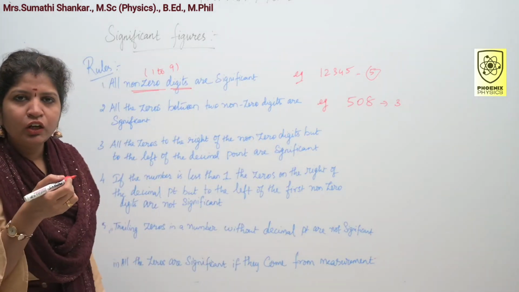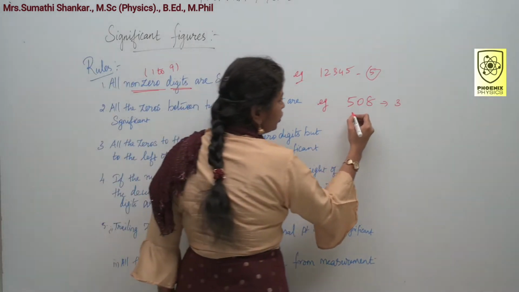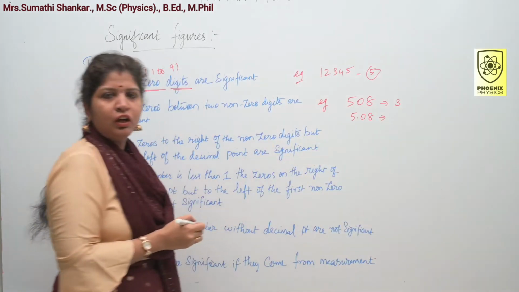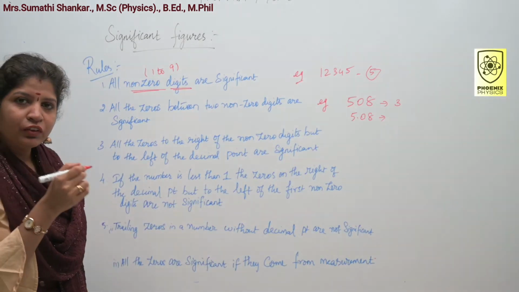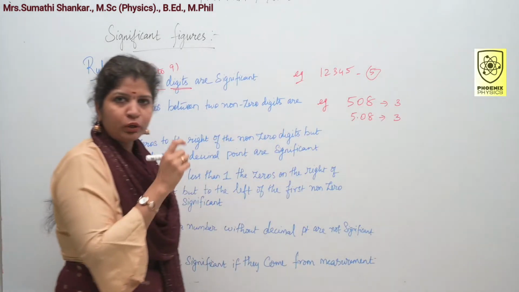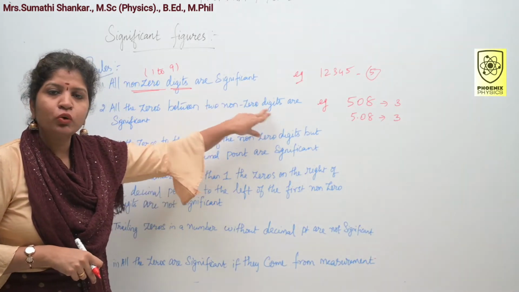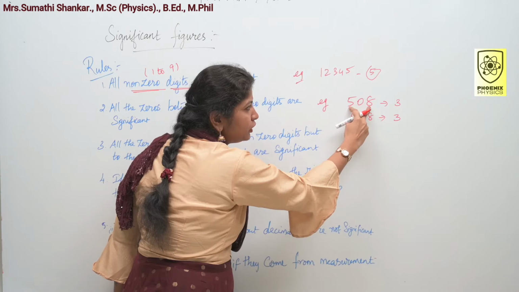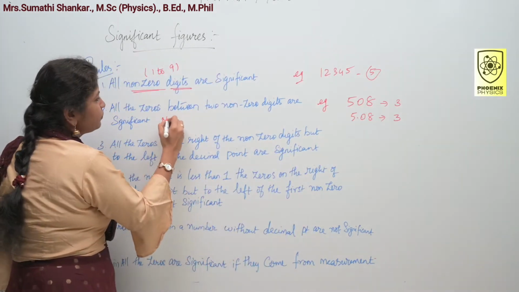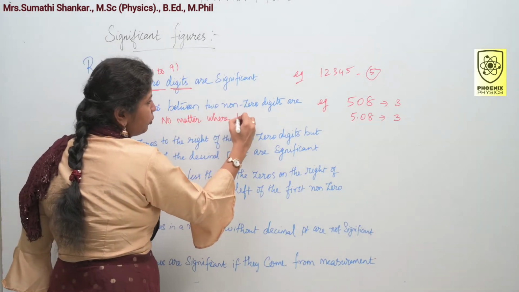Just now I said no matter where the decimal point is. Now I have written it like this, 5.08. What is the significant figure for this number? Same, 3. I repeat rule number 2: all the zeros between two non-zero digits are significant no matter where the decimal point is.